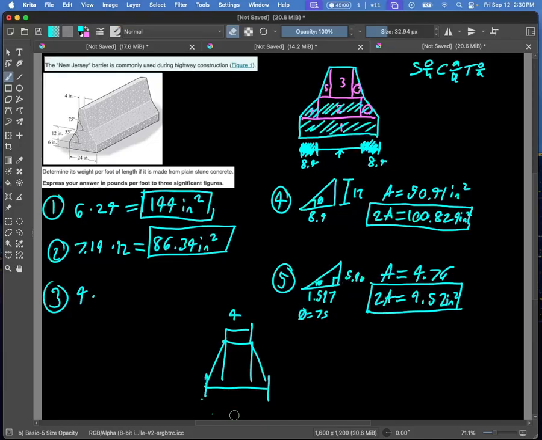Saves me the trouble. It's a given. And then what's the height? 5.96. So 4 times 5.96 gives 23.84 inches squared.